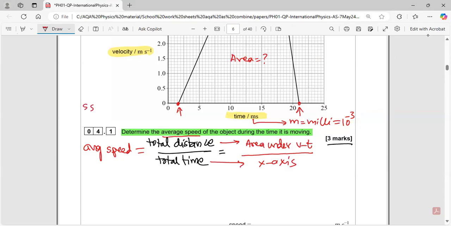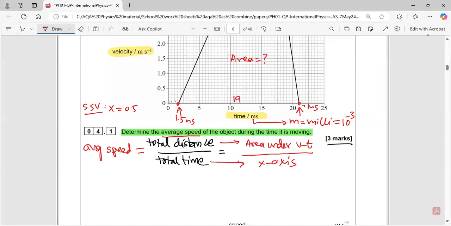The small square value along the x-axis is, there are 10 squares and 5, so it is 0.5. So this is starting from 1, 2, 3. So this is starting from 1.5 millisecond, and it is going to end at 21 millisecond. So it means that this value of total time is 21 minus 1.5.